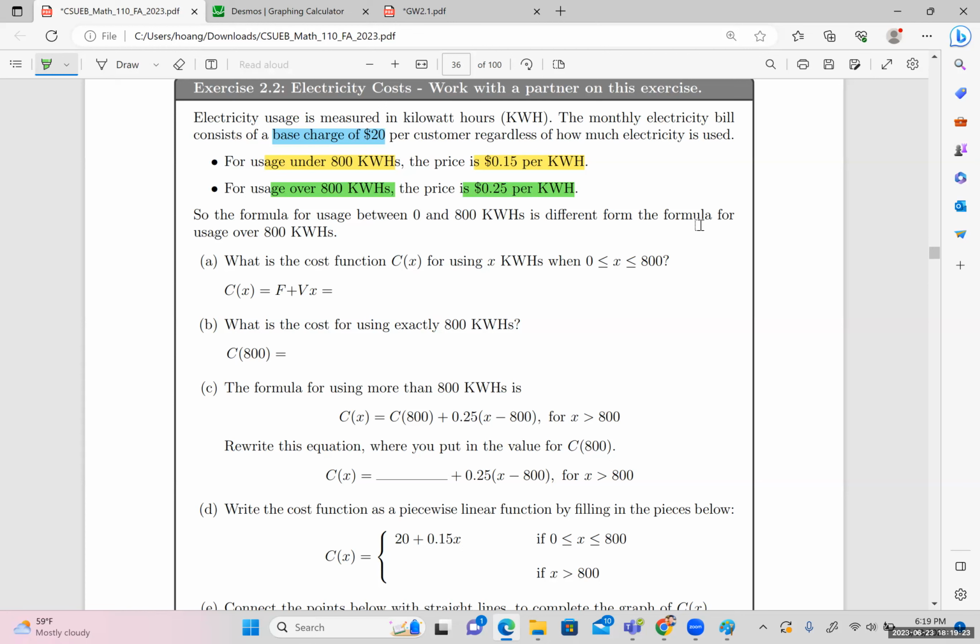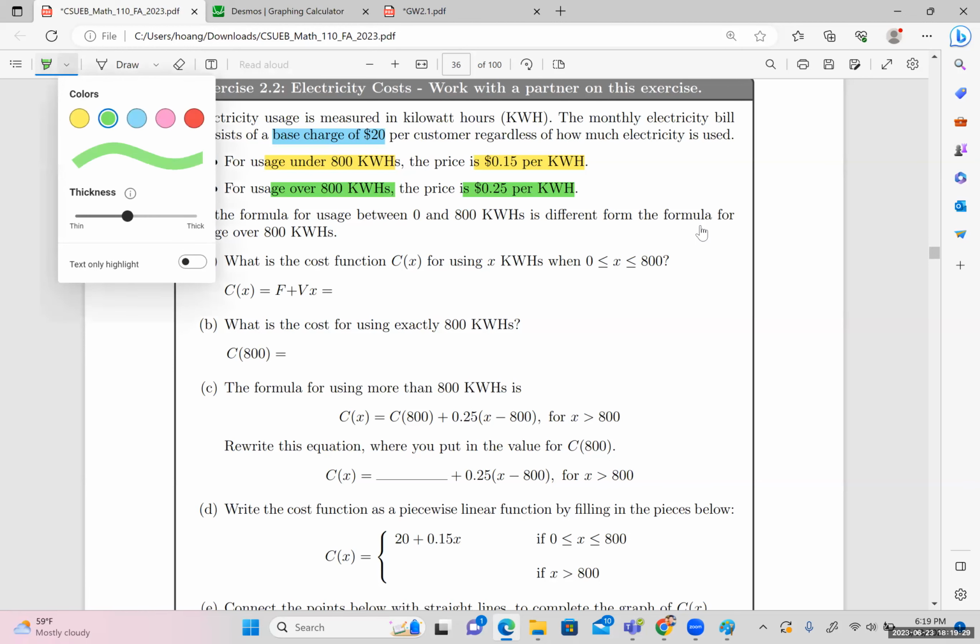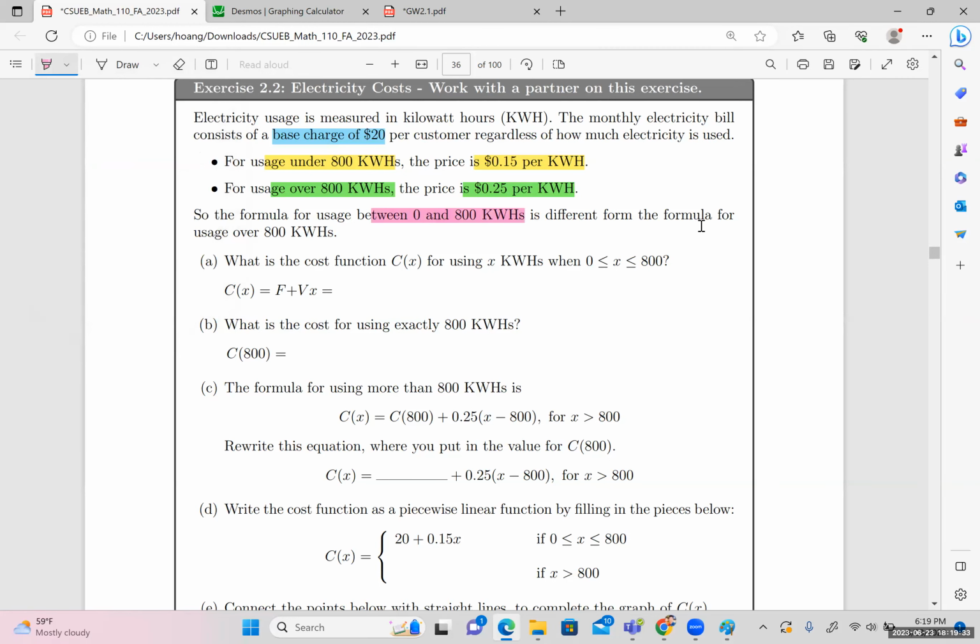Okay. The formula for usage between 0 and 800 is different from the one over 800. All right.